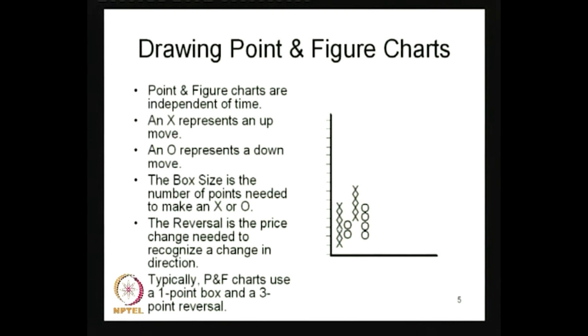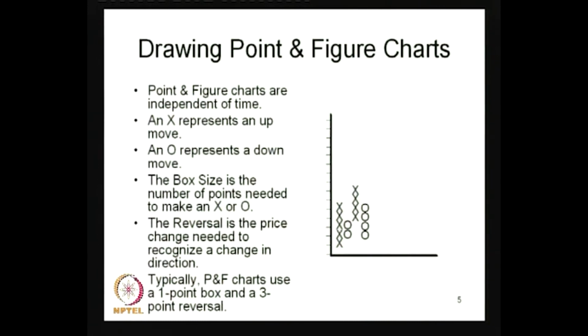Then if you see point and figure charts, what they show is independent of time. If you look at the diagram we have shown here, a cross represents an up movement, and the circle, the O, represents the down movement.